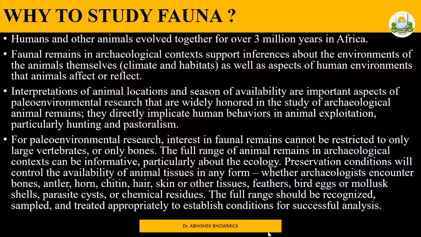Whether archaeologists encounter bones, antlers, horn, chitin, hair, skins and other tissues, feathers, birds' eggs, mollusk shells, parasite cysts, or chemical residues, different types of faunal remains can be attributed to different types of behavior, helping in understanding the behavior of human beings in the past. The full range should be recognized, sampled, and treated appropriately to establish conditions for successful analysis.